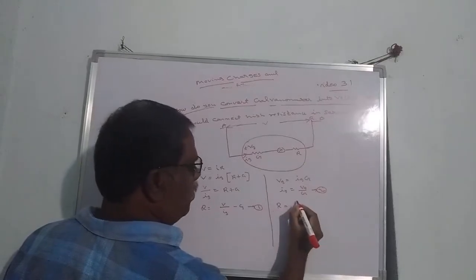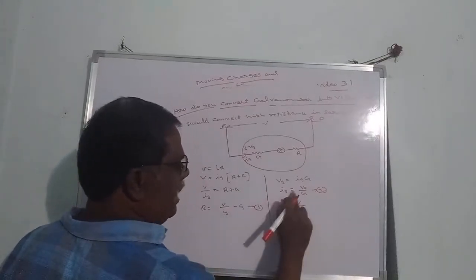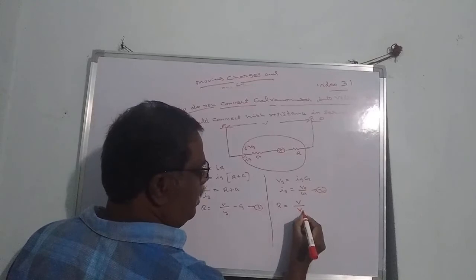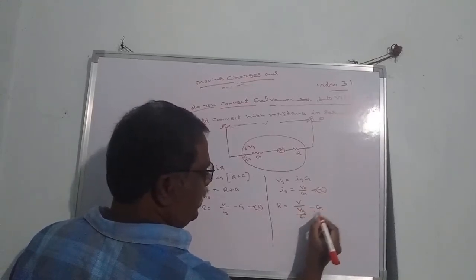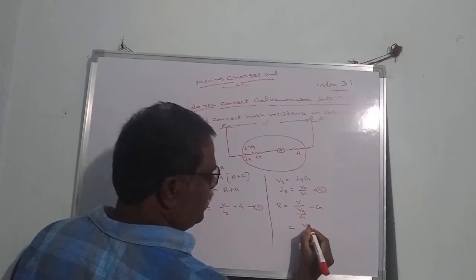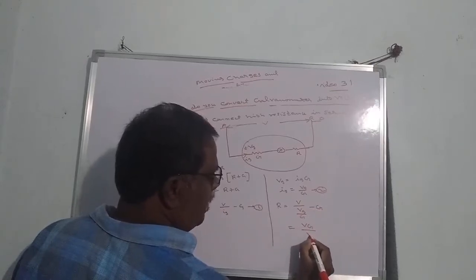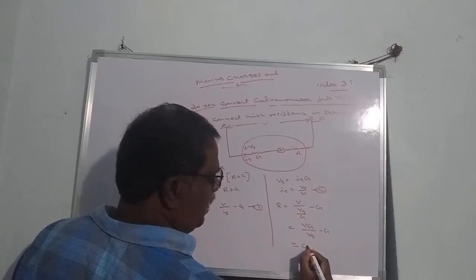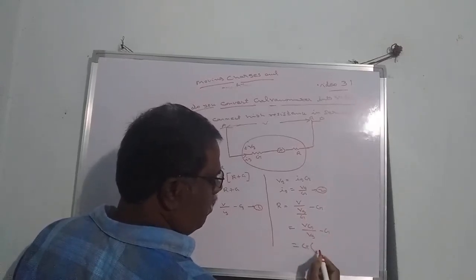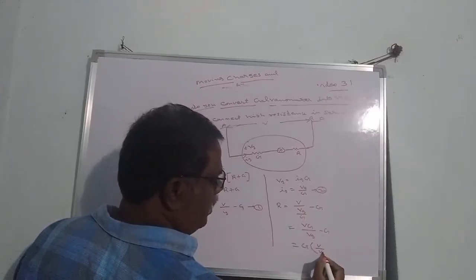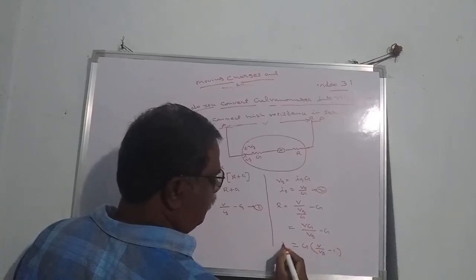Therefore R is equal to V by Ig, where Ig is Vg by G, minus G. This can be written as V by Vg, minus G. Take G common, then it becomes G of (V by Vg minus 1). This is the R value.